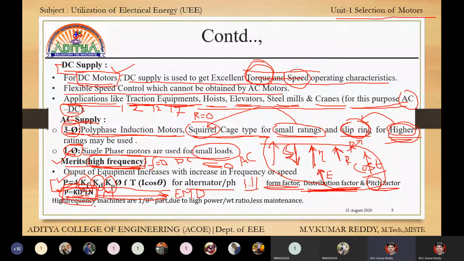See here how important this formula is. Just using one formula, P is equal to K D square L n, one subject is designed. That subject is EMD, electrical machine design. Using D and L: D means the diameter of the motor.